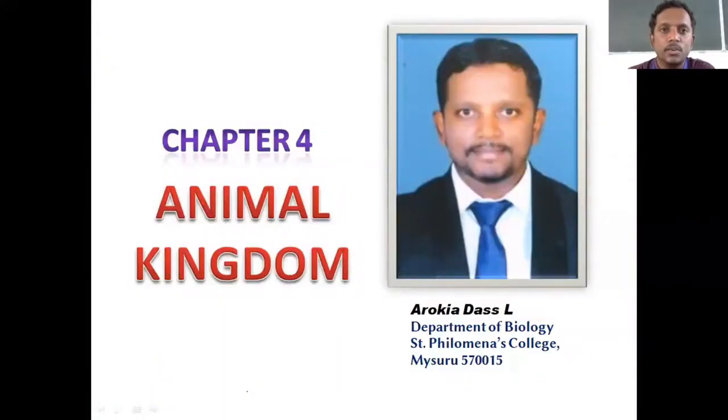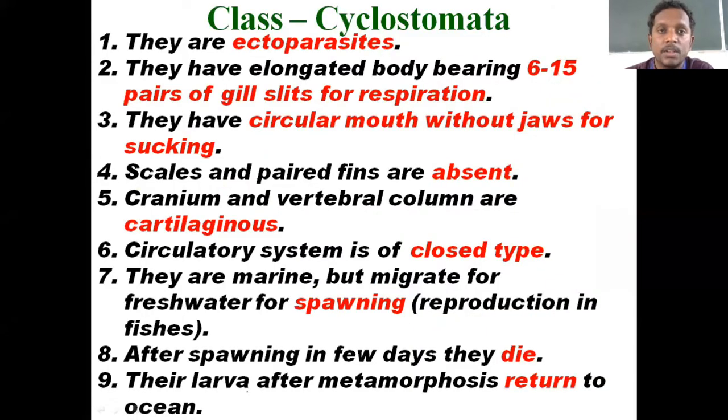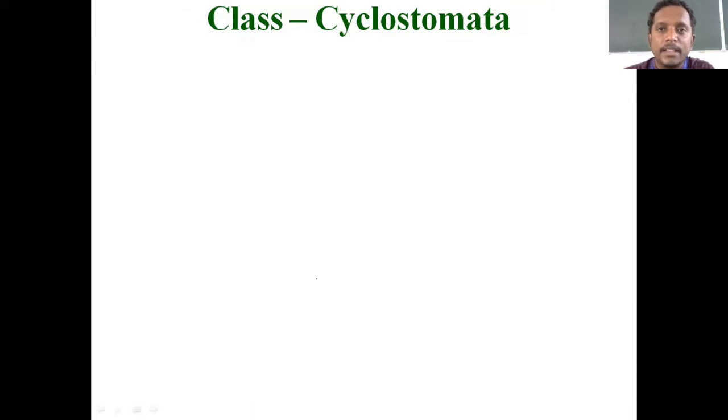Dear students, in today's class we are going to study the first class of subphylum Vertebrata, phylum Chordata: class Cyclostomata. I mentioned Cyclostomata in my previous class. What does it mean? I said the meaning of the term Cyclostomata.